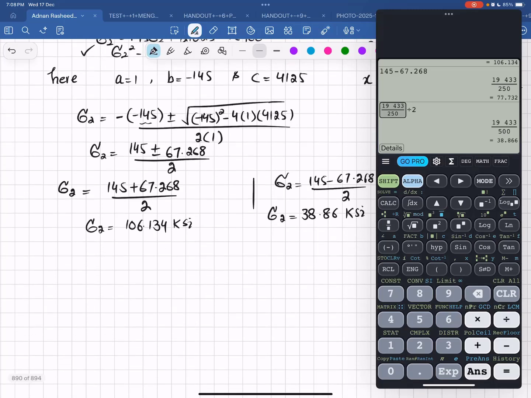So here you have two values of sigma 2, one is this one and another one is this one.